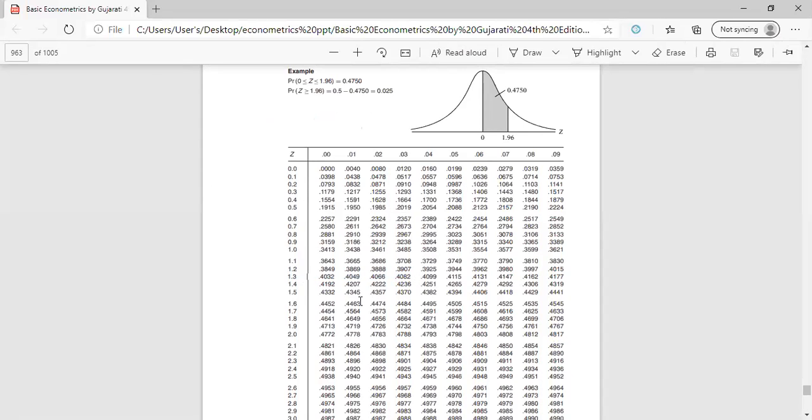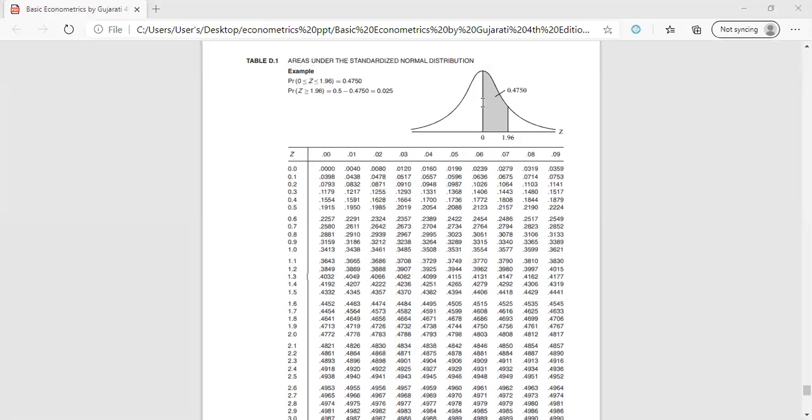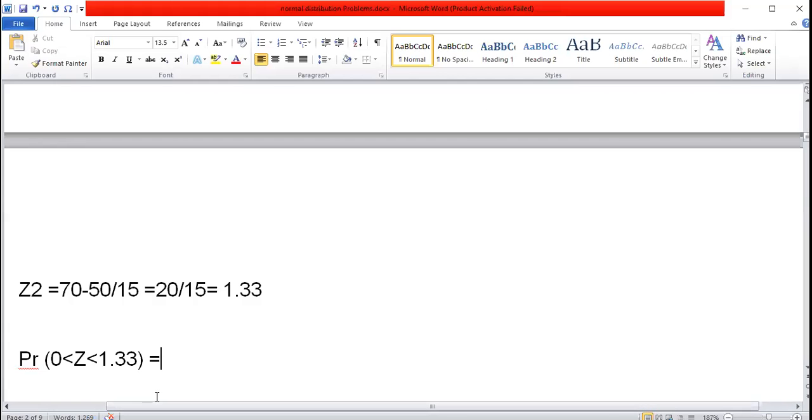This area, 0.4082. Right, you are. Those who got 0.408, yeah. 0.4082, this is the correct answer.